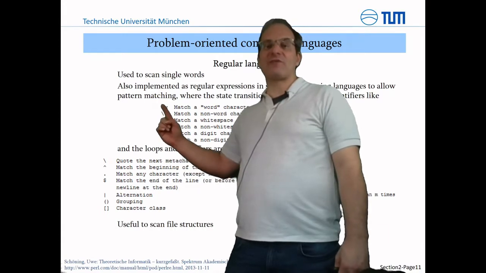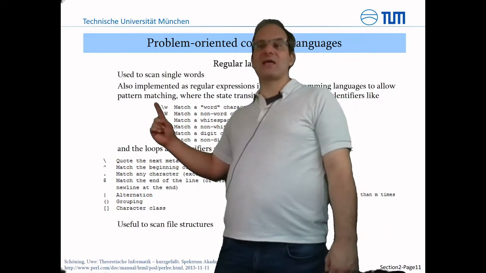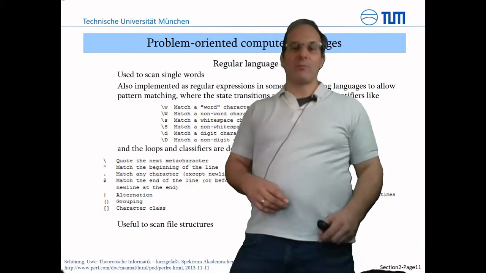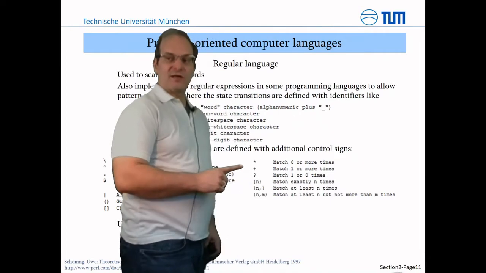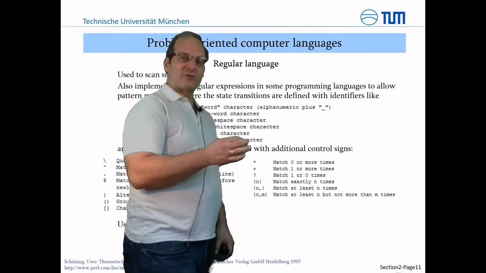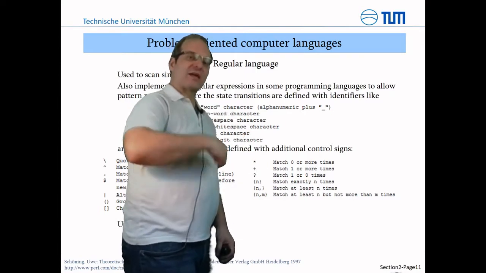And then you can define if it is a sequence of the same. So for example, if you write \w and a plus, as shown here, then it means that this alphanumeric character must be there, but there can be more than this.